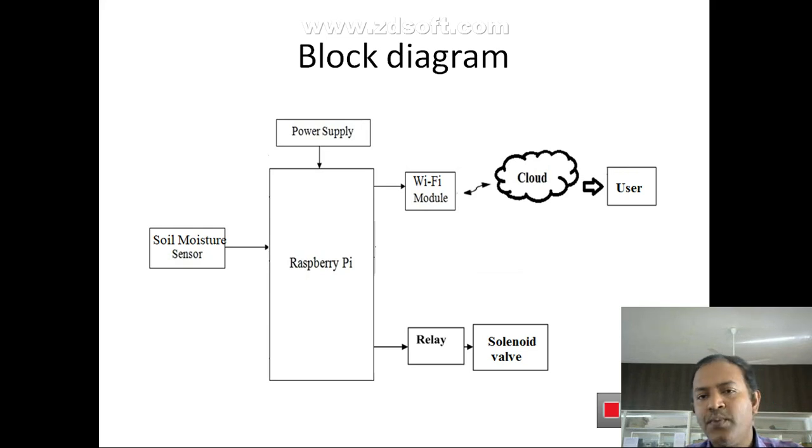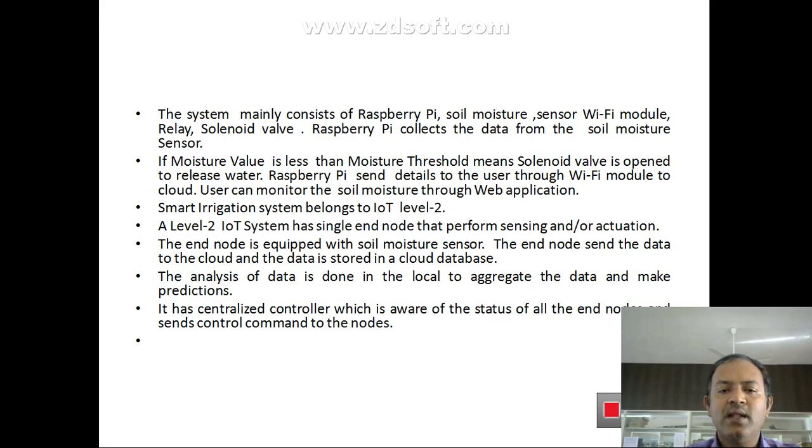If the value is below the threshold, it communicates to the motor and solenoid valve, and only then does it pour water onto the land. Mainly it uses a Raspberry Pi.